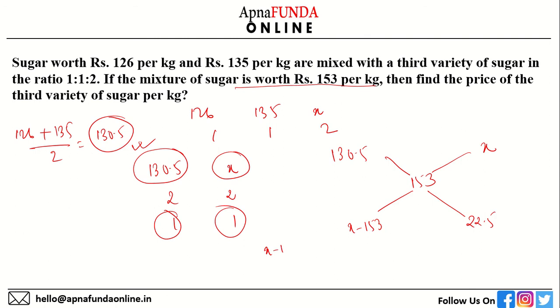So can I say (X minus 153) divided by 22.5 is equal to 1 by 1, which is very simple. X is equal to 153 plus 22.5. The answer is 175.5. This is the price per kg of the third variety of sugar, which we assumed to be X.